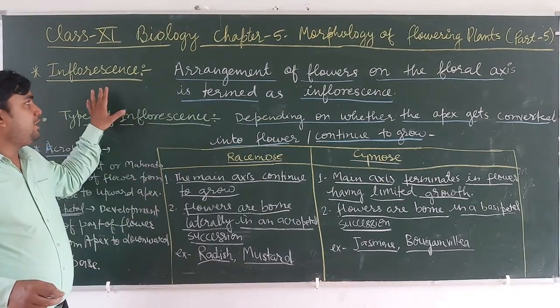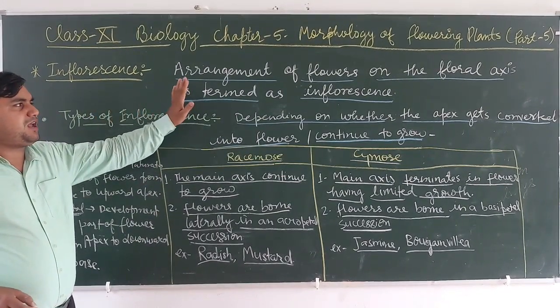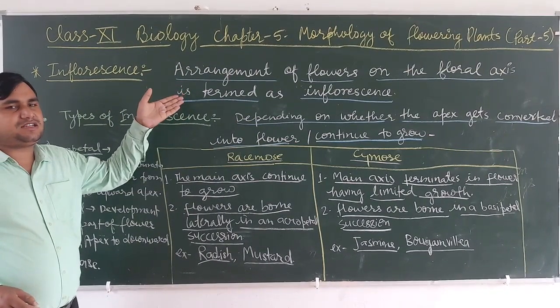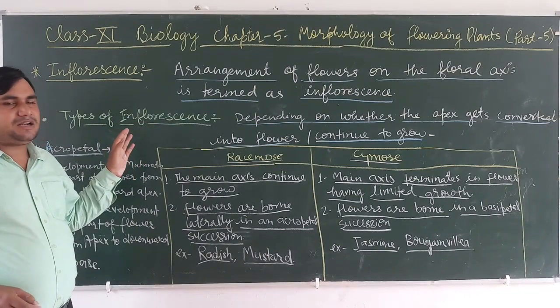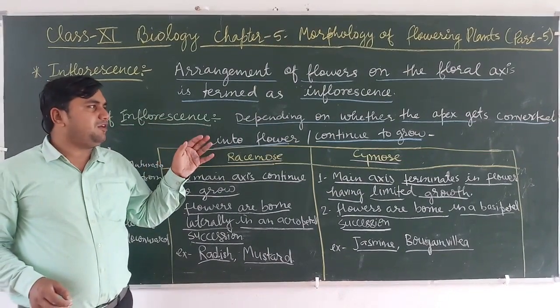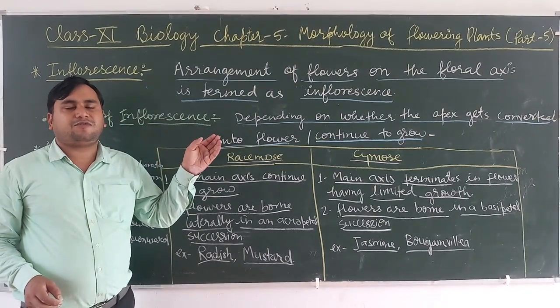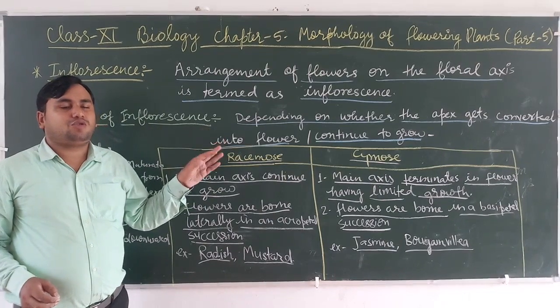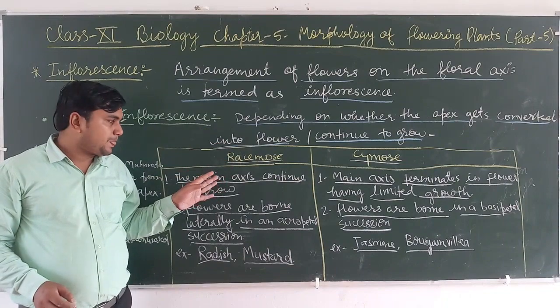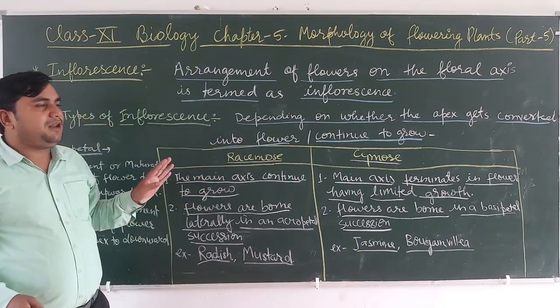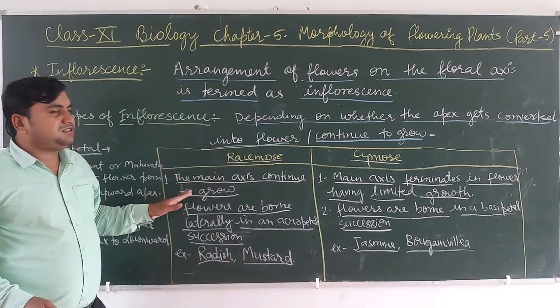Once again, inflorescence means the arrangement of flowers on the floral axis, and the types of inflorescence depend upon whether the apex gets converted into the flower or continues to grow. It is of two types. First one is the racemose and second one is the cymose. In the racemose inflorescence, the main axis continues to grow.